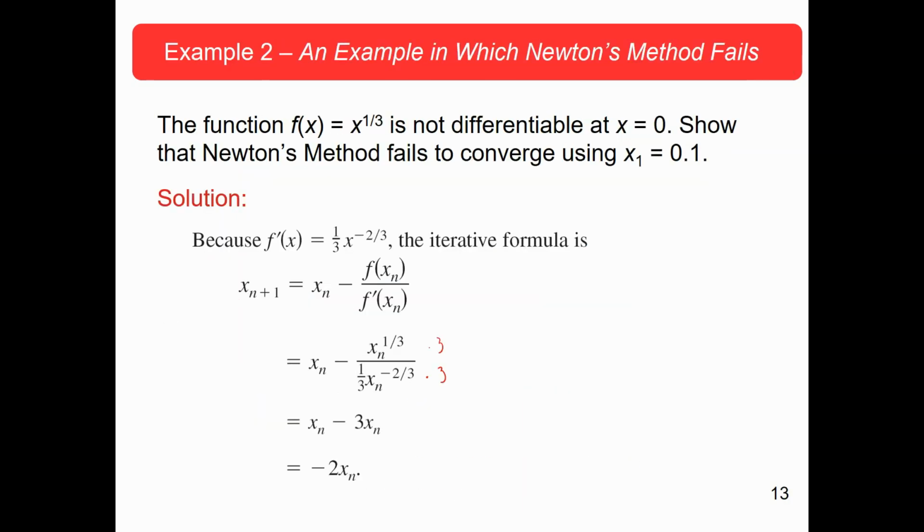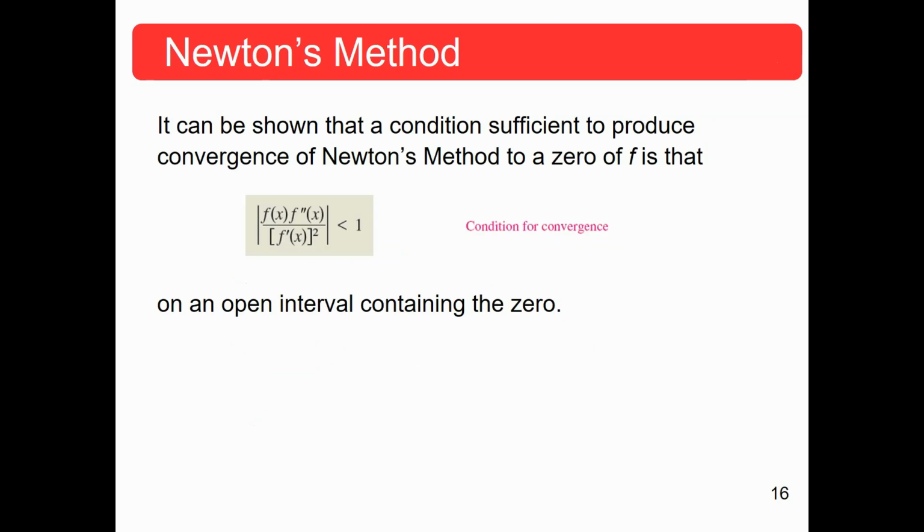Okay? If you look at this function, x to the 1/3, so f of x equals that. If we have f prime, what's that going to give us? That's going to give us 1/3 x to the negative 2/3. F double prime is going to give us negative 2/9 x to the negative 5/3.